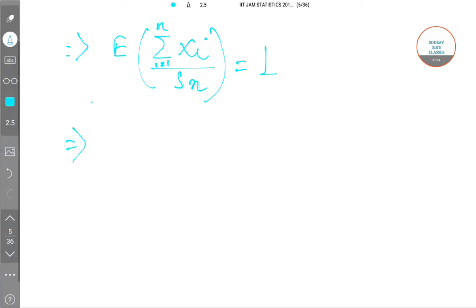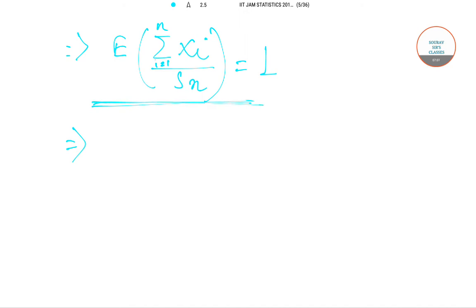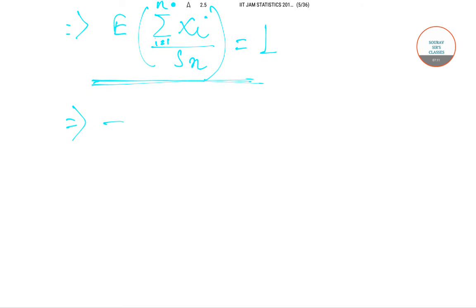Hence now we can conclude that expectation of summation of xi by Sn, i equal to 1 to n, and we have already calculated the value of expectation of summation of xi by Sn as summation of expectation of xi by Sn.